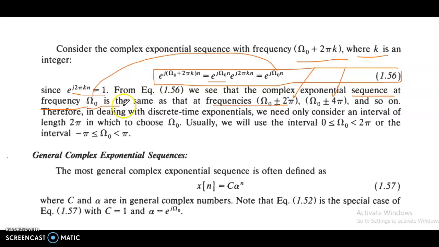Therefore, in dealing with discrete time exponentials, we need only consider an interval of length 2 pi in which to choose omega naught.